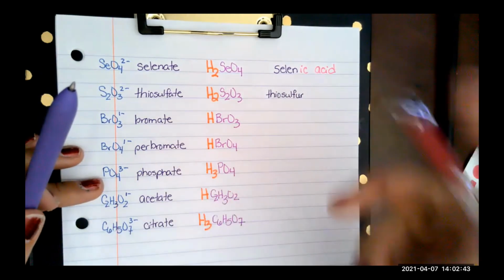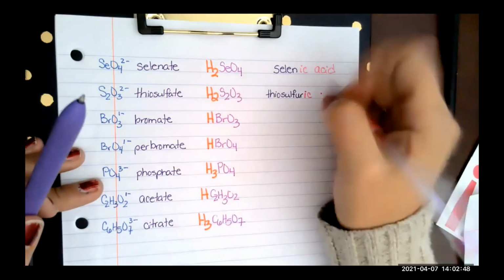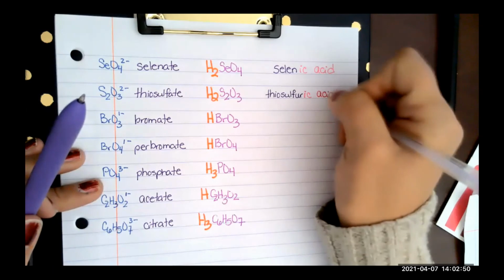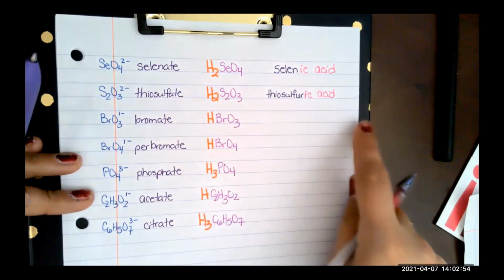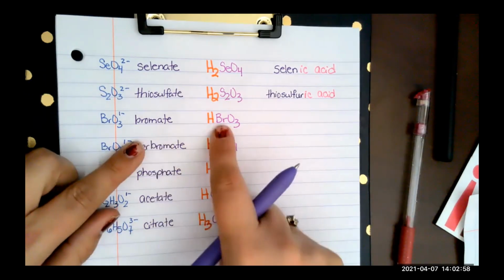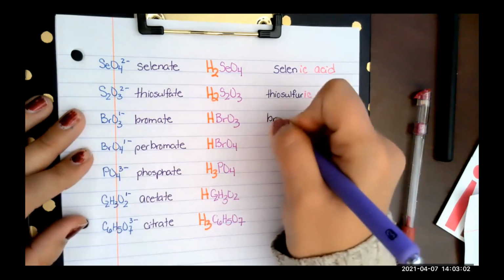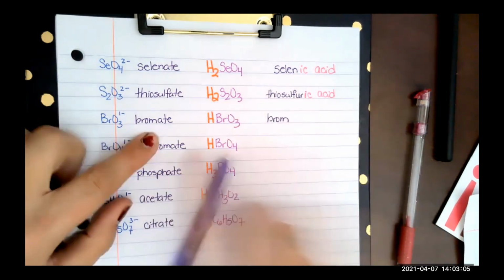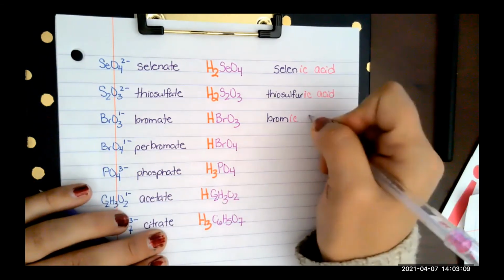That ate becomes IC because you're switching your endings, and then acid. So thiosulfate with hydrogen is thiosulfuric acid.